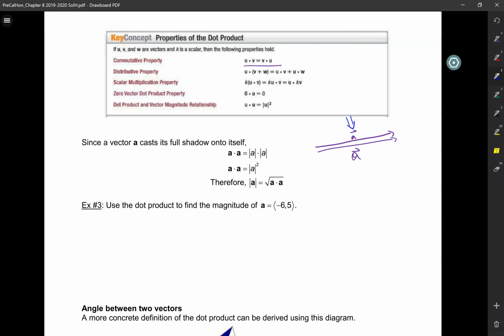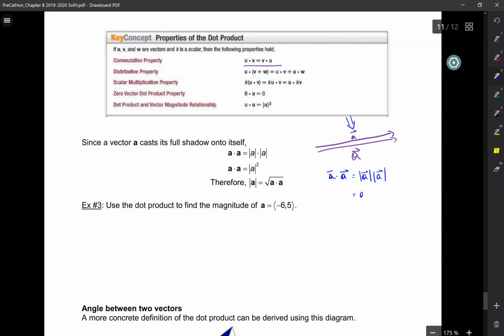So now, if I want to talk about the dot product, A dot A is the length of the bottom vector times the length of the shadow, which is the same.